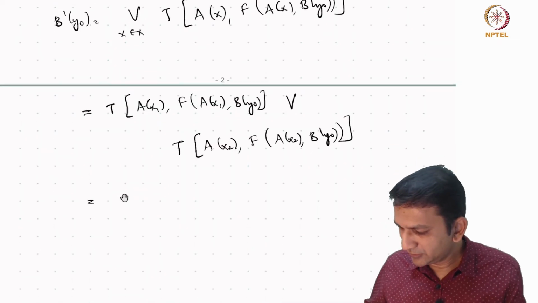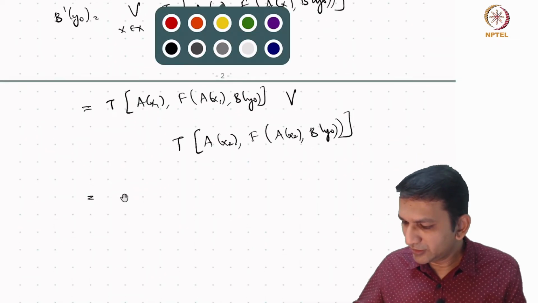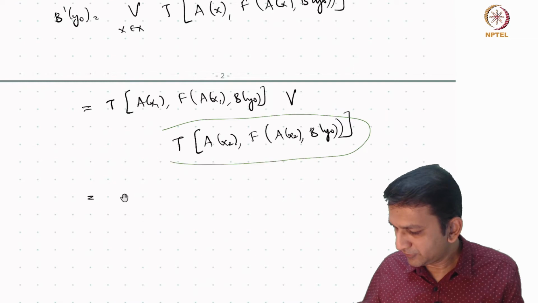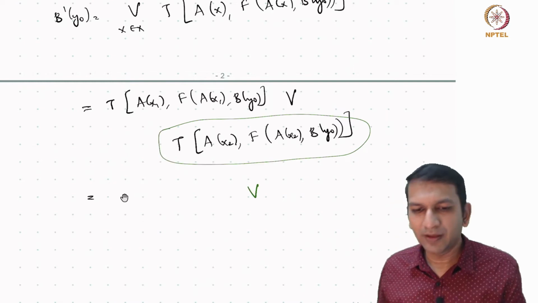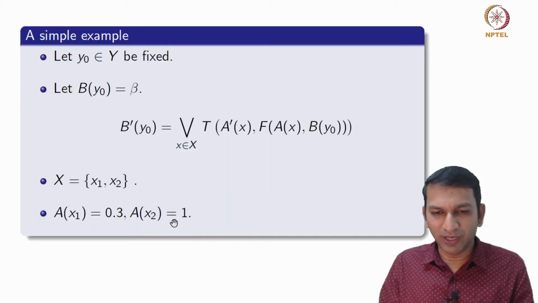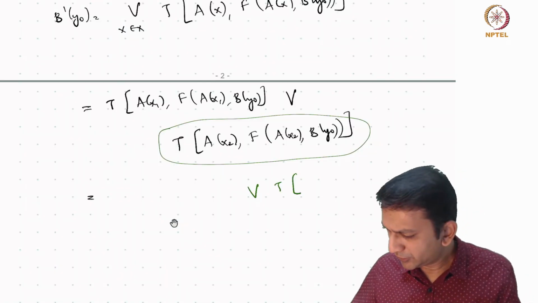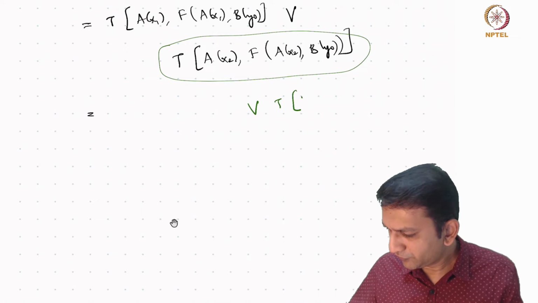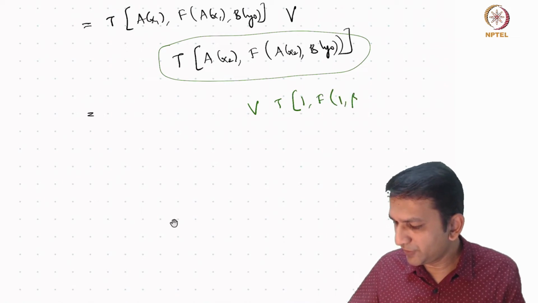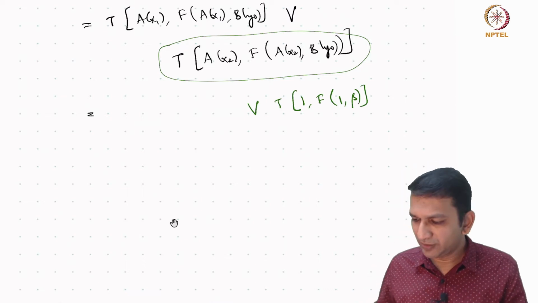Now, if you look at this second component, this is nothing but T of A of x2, which is 1. So it is T of 1 comma f of 1 comma B of y0, which is beta. This is what you obtain.